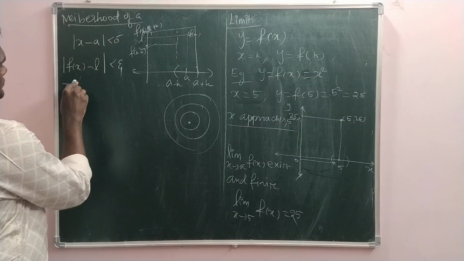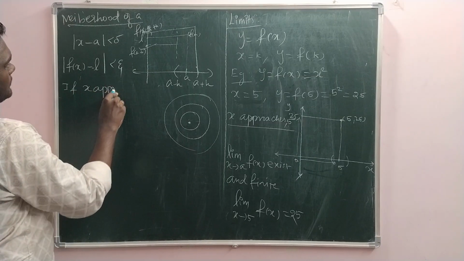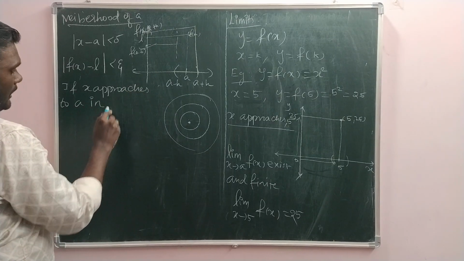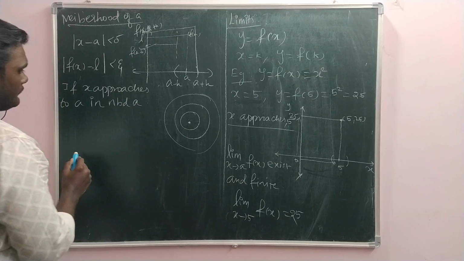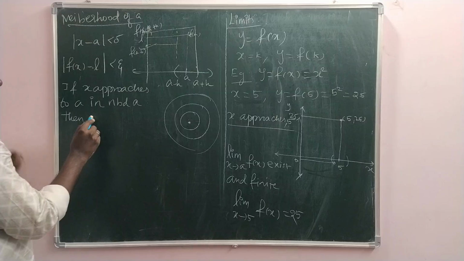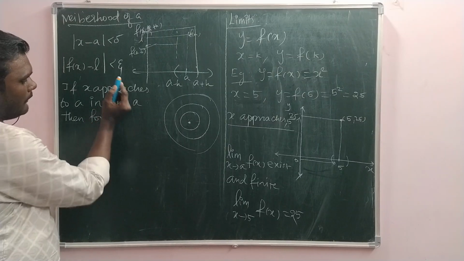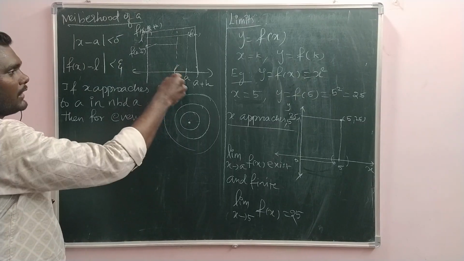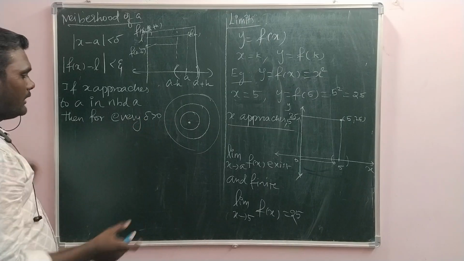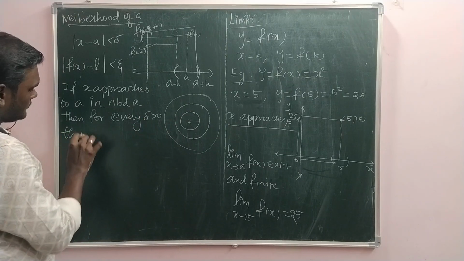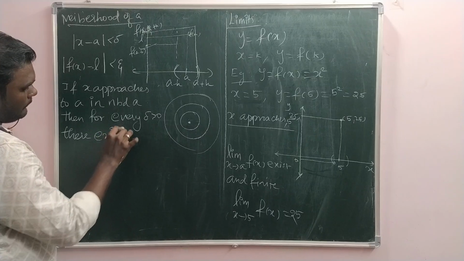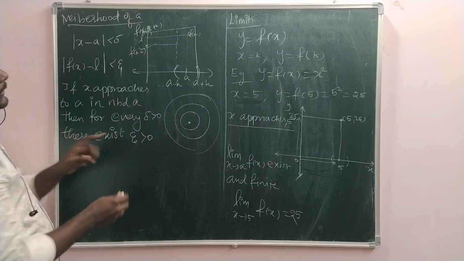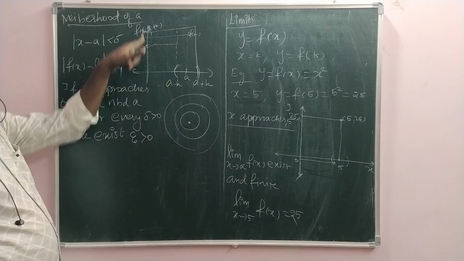So if x approaches a, in the neighborhood of a, then for every delta greater than 0, whatever the radius you take, whatever the length you take, there exists one epsilon greater than 0, because whatever delta we have, here some epsilon will come.